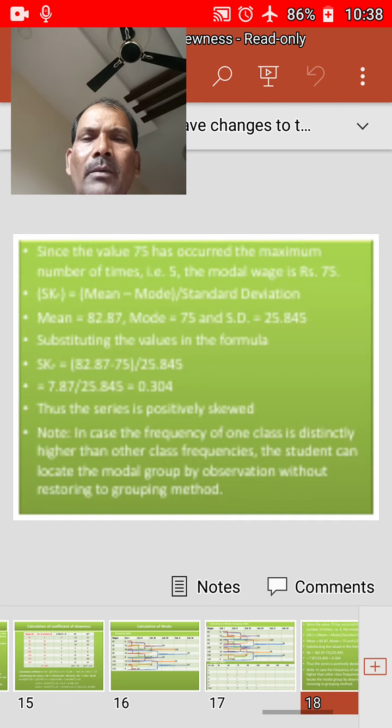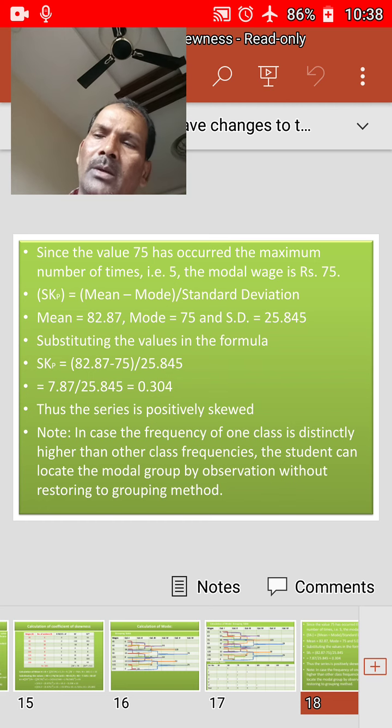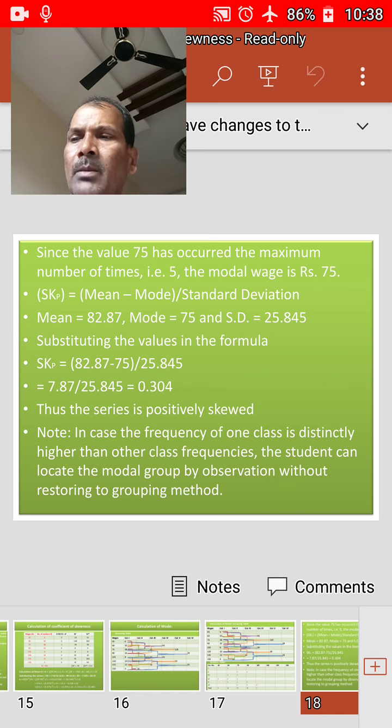Now we need to substitute this in the Karl Pearson coefficient of skewness formula, that is SKP is equal to mean minus mode by standard deviation. We know that the mean is 82.87, the mode is 75, and the standard deviation we have already calculated is 25.845.